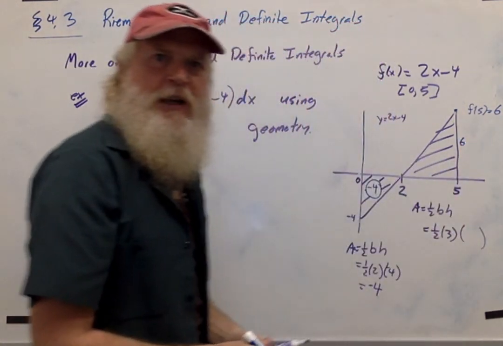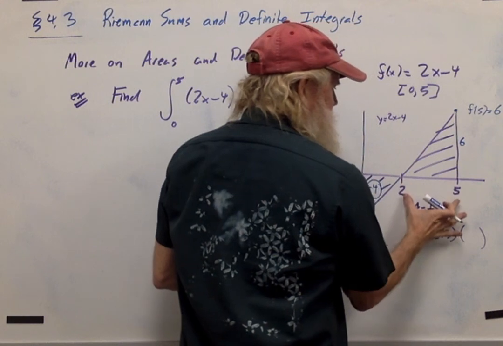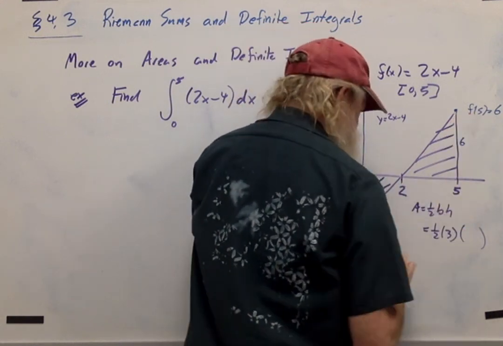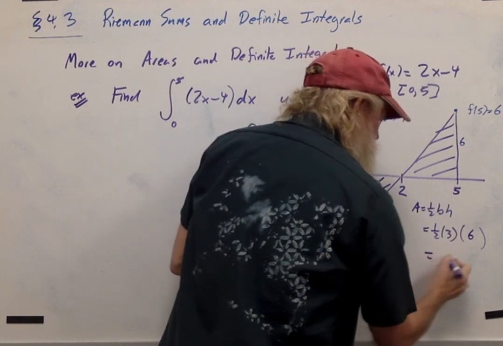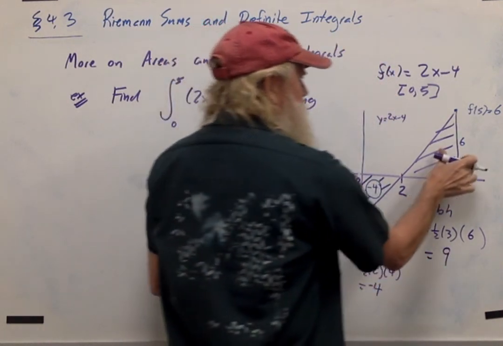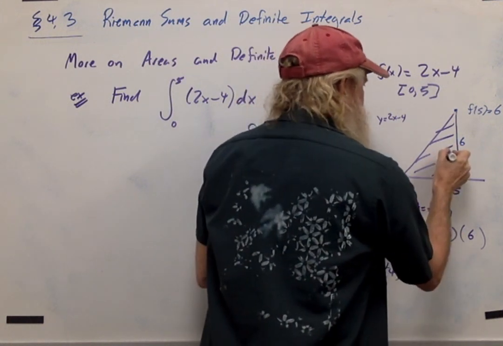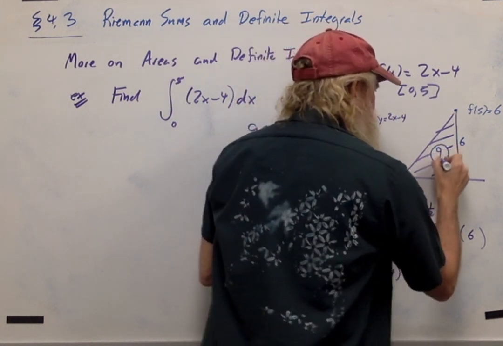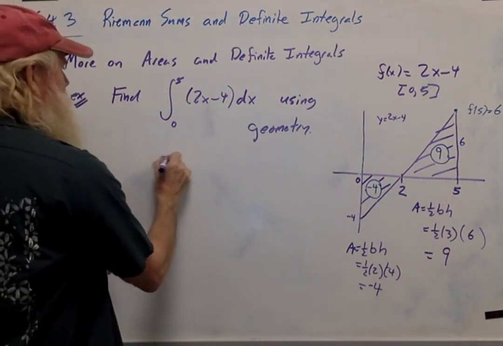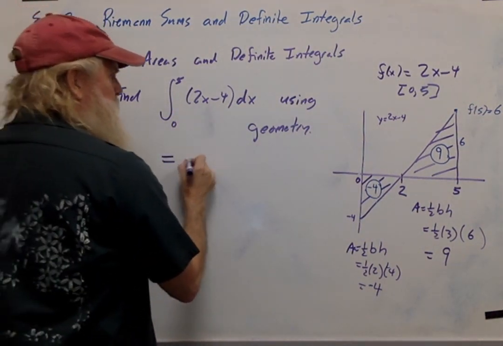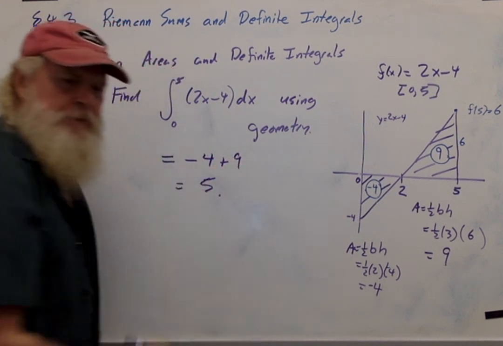So the height of that triangle is 6. So the base is 3, and the height is 6. And 18 over 2 is 9. Since that region's above the x-axis, I'm going to count that as a positive area of 9. So the definite integral will be negative 4 plus 9, or 5.